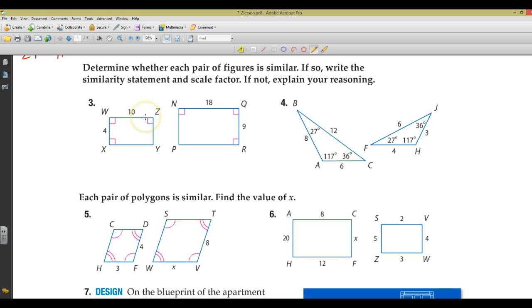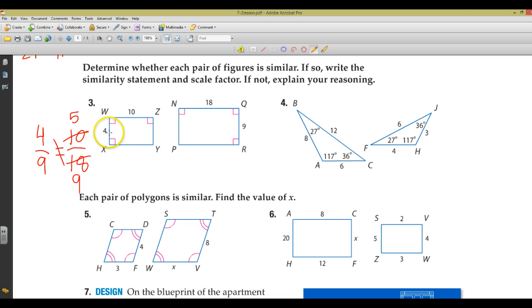And then the second thing, we want to make sure that corresponding sides are in the same ratio. So in this case, we have 4 is to 9, as 10 is to 18. And 10 over 18 would just simplify to 5 over 9, and obviously these two fractions are not equivalent.